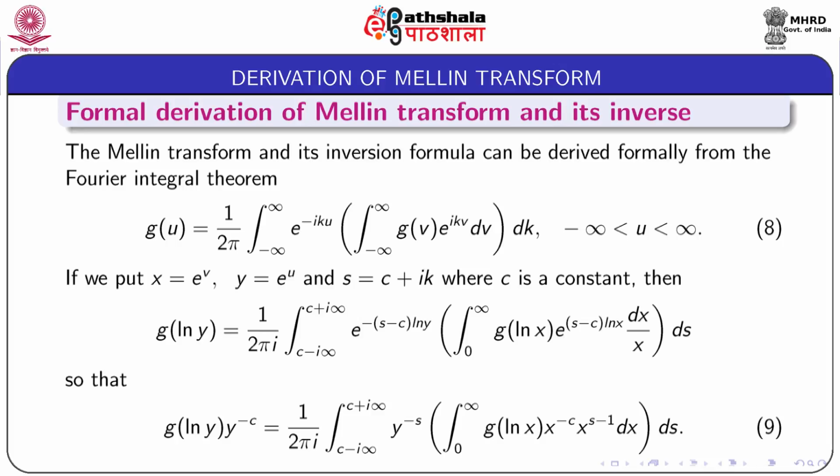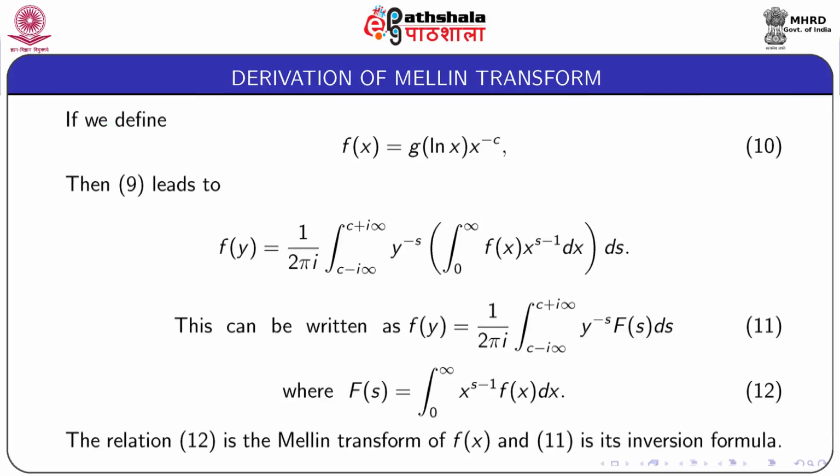So that we can write it as g(log y) into y to the power minus c equal to 1 by 2 pi i integral from c minus i infinity to c plus i infinity y to the power minus s integral 0 to infinity g(log x) x to the power minus c into x to the power s minus 1 dx ds, as given in equation 9.